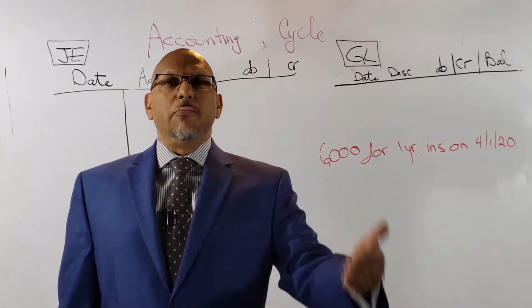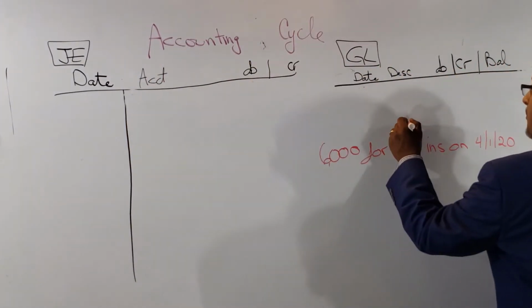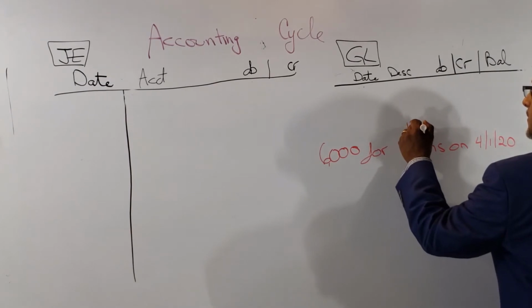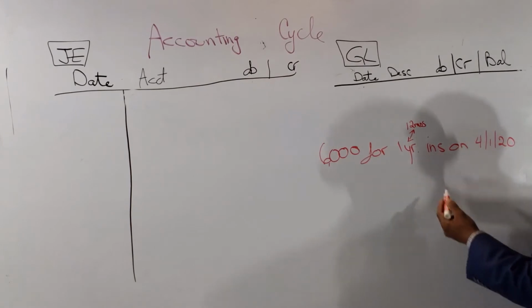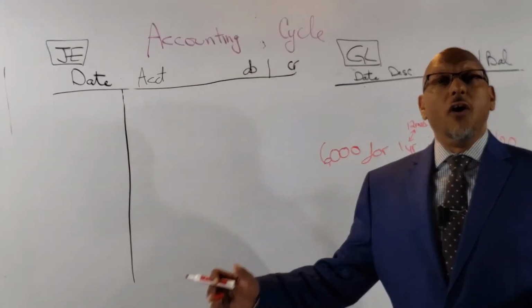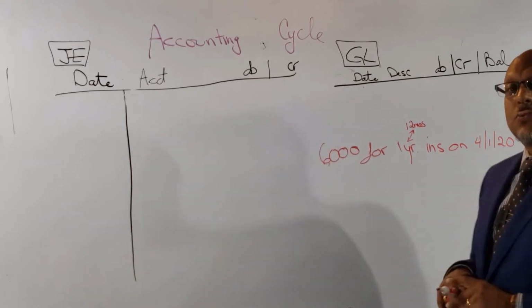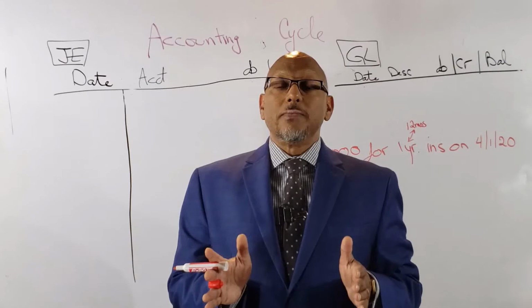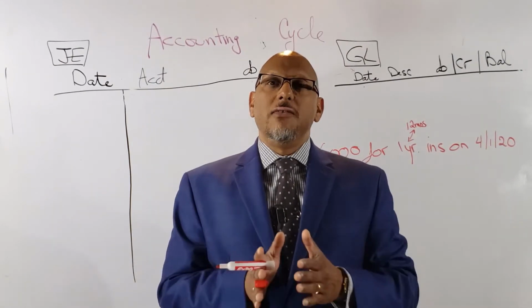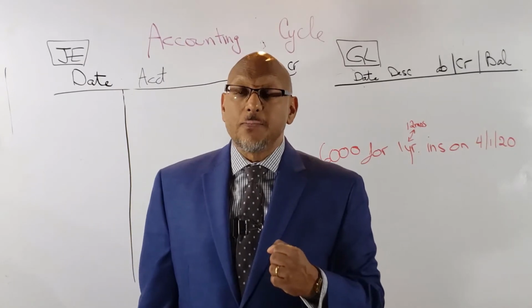At the end of April, 1 year is also the same as 12 months. So if in a 12-month period we've paid for $6,000 worth of insurance, at the end of each month, we have used up 1 month of the 12 months of insurance.